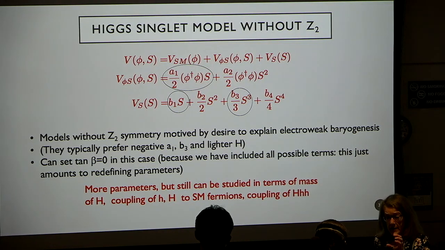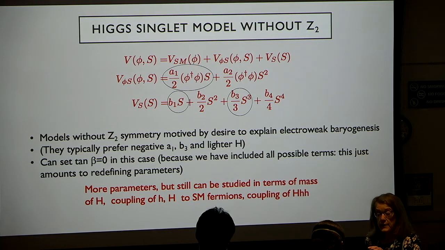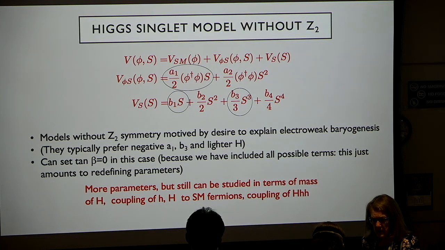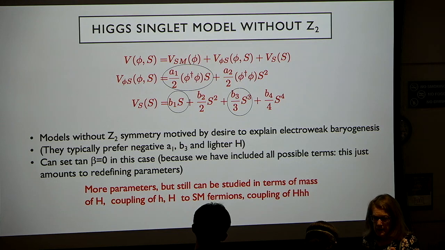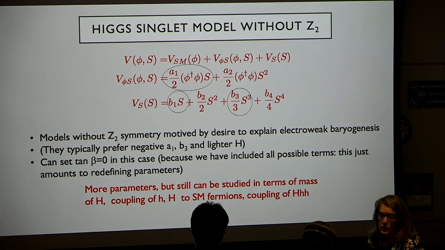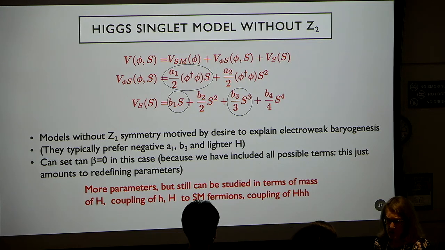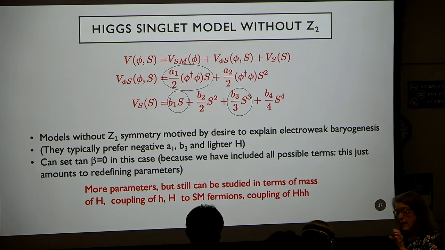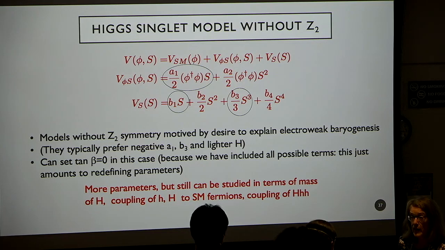Then you can find a set of parameter points where you can get the electroweak phase transition. You can have a first order phase transition in this model. But like I said, I didn't work through all the details here. It's interesting because typically it wants to have the second Higgs relatively light, which is an interesting physics point.